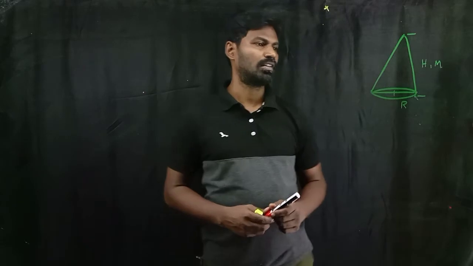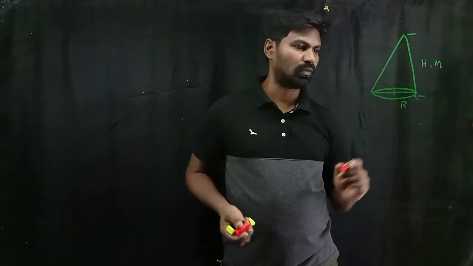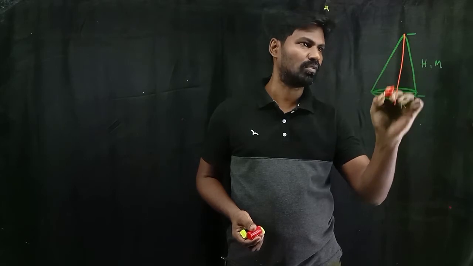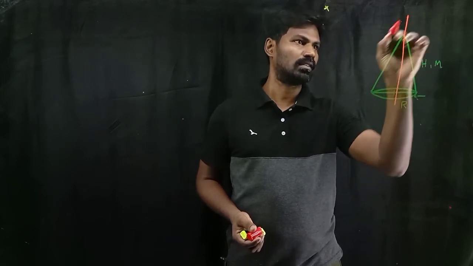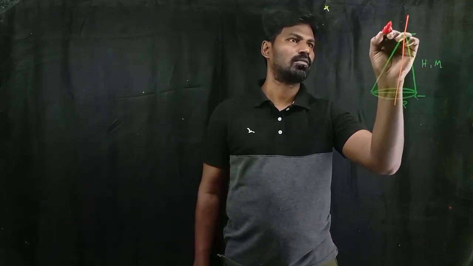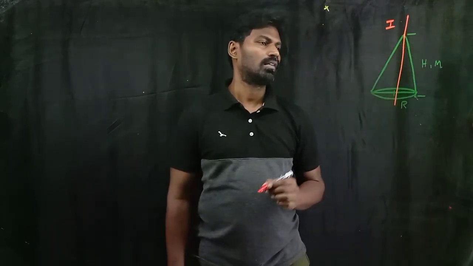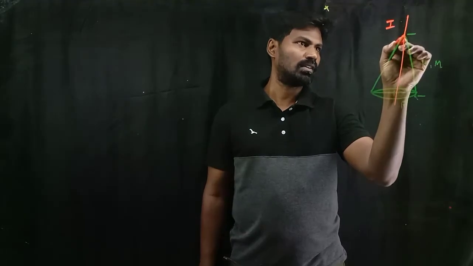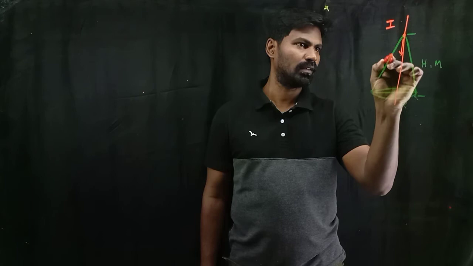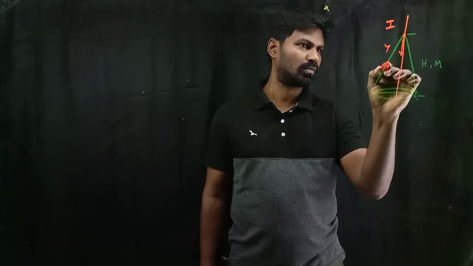To find the moment of inertia with respect to an axis, what is that axis? This is called the axis of the cone, this axis. With respect to this axis, I want to find out the moment of inertia of the system. For that purpose, from this vertex at a distance, let me call it y, I'm considering a small element.